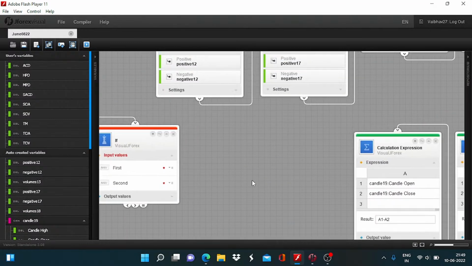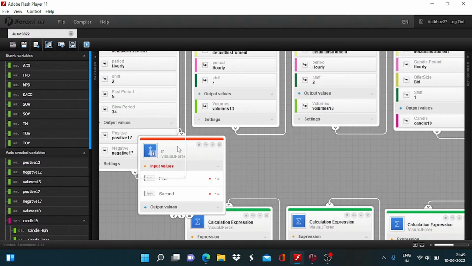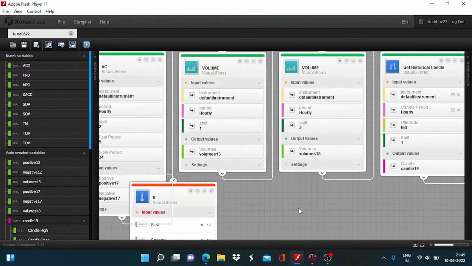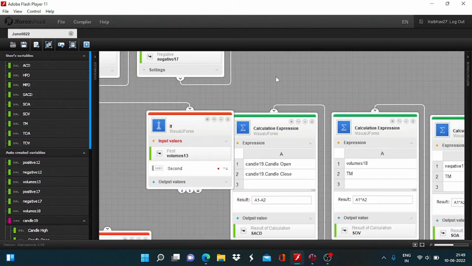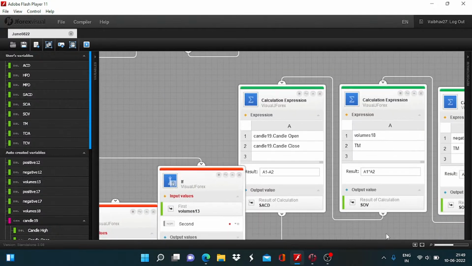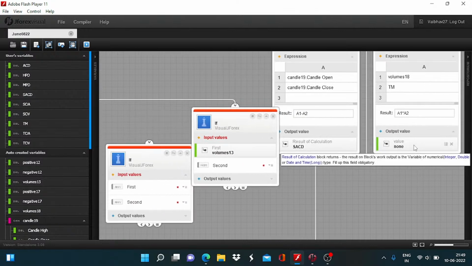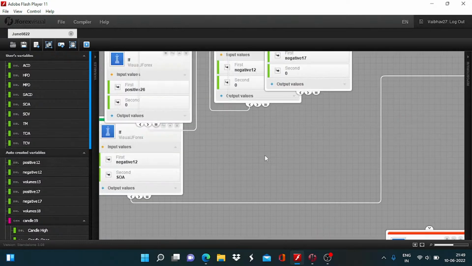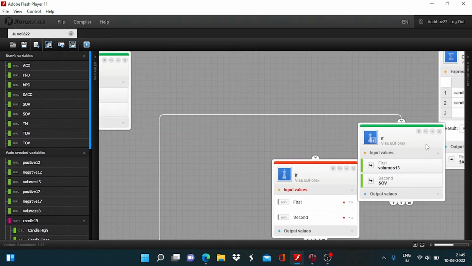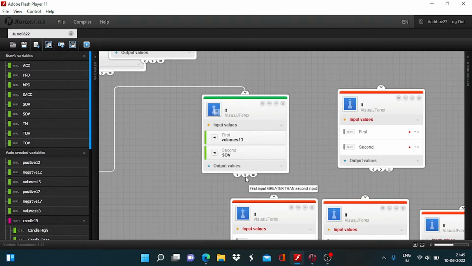Now we do the same for the volume data. Last 1 hour's volume, which is volume 13, needs to be more than twice of prior hour's volume. So here first input greater than second input.